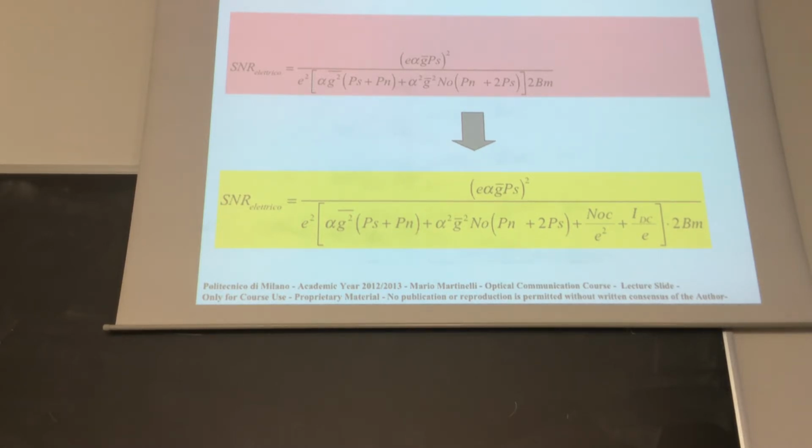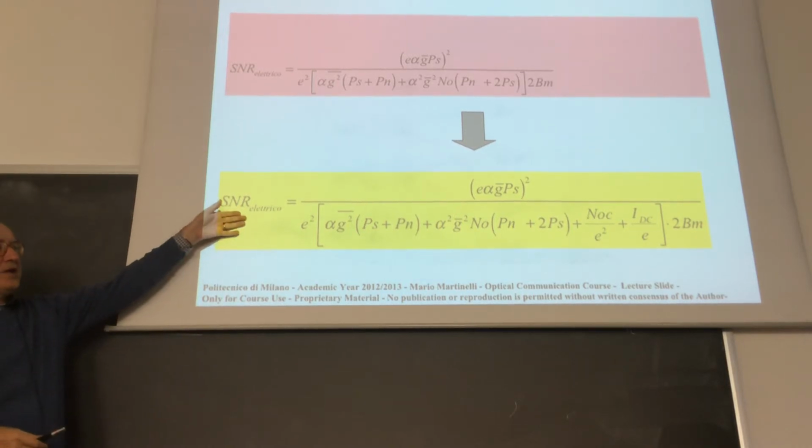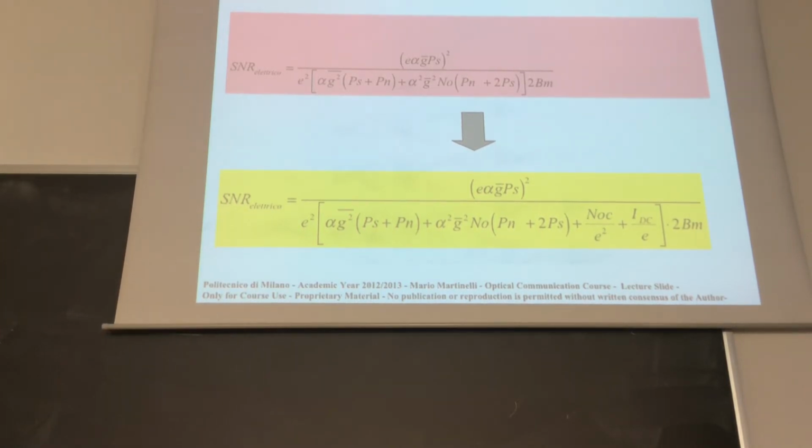This is a more general expression of the signal to noise ratio in optical communication. Now we have three different situations. We just arrive on my photodetector, okay, and it is called direct detection. And we use exactly this expression.